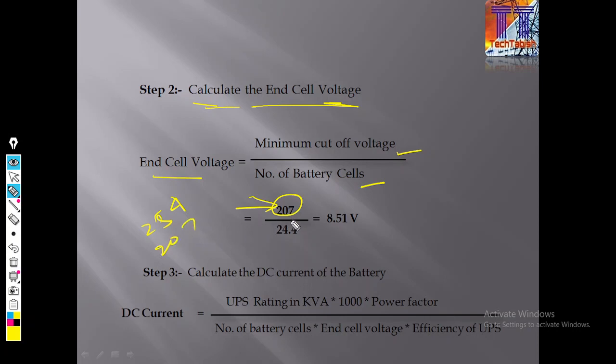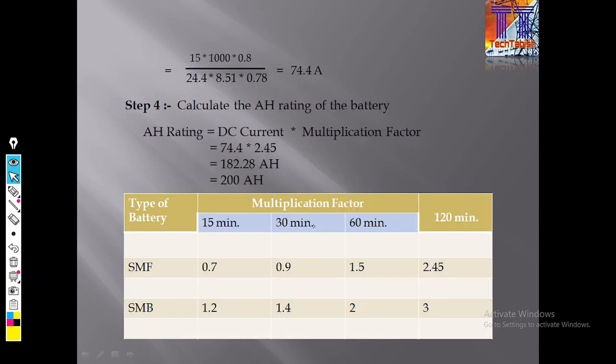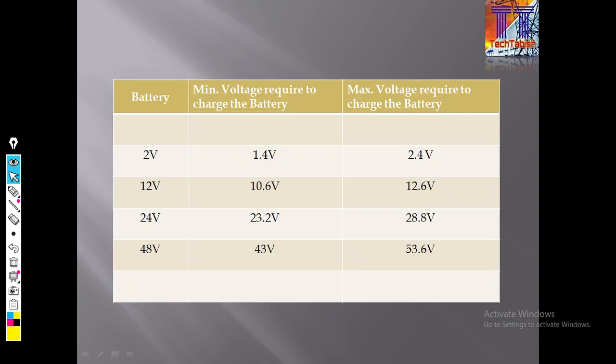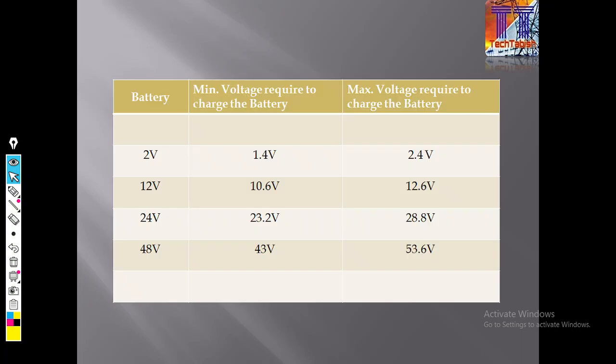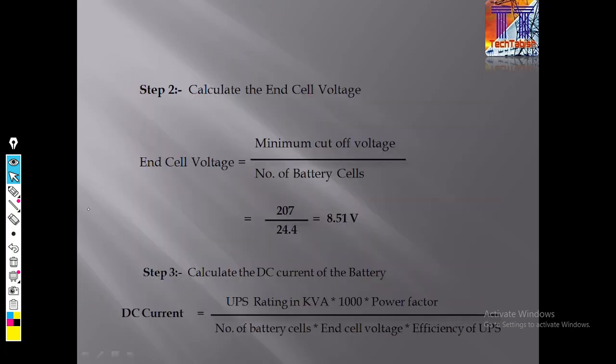The number of battery cells is 24.4, which we calculated earlier. Putting in that data, we got 8.51 volt. This is the end cell voltage.